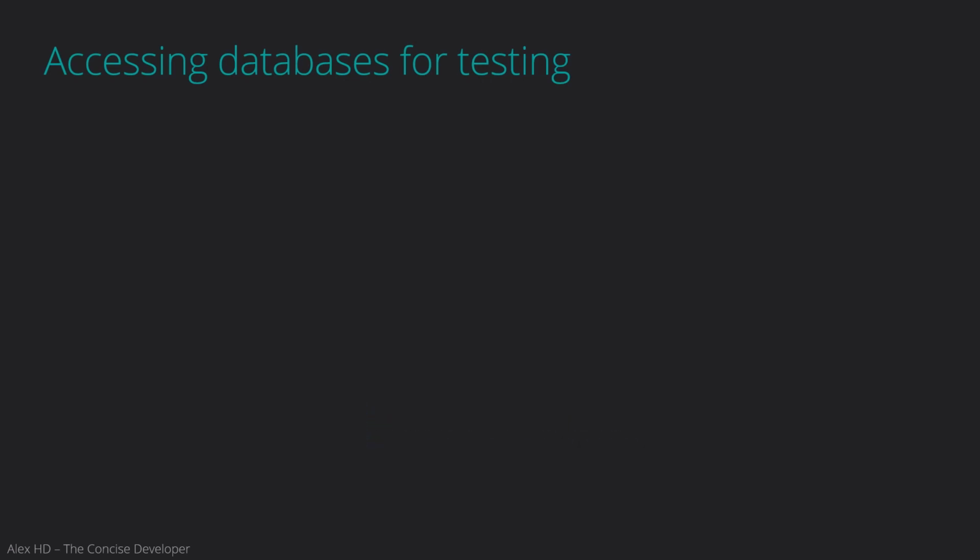Let's now talk about how we can access our database for testing purposes. And let's say that we are building a big application. Well, usually these kinds of applications have very secure databases, of course, and in order for us to write queries for that database, the access for us in order to test those queries is very secure and very hard to configure, as it should be, because databases should be very secured.